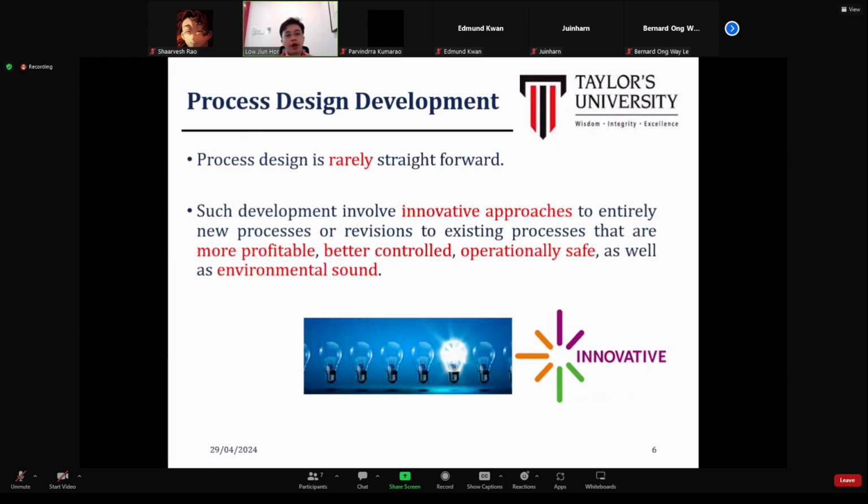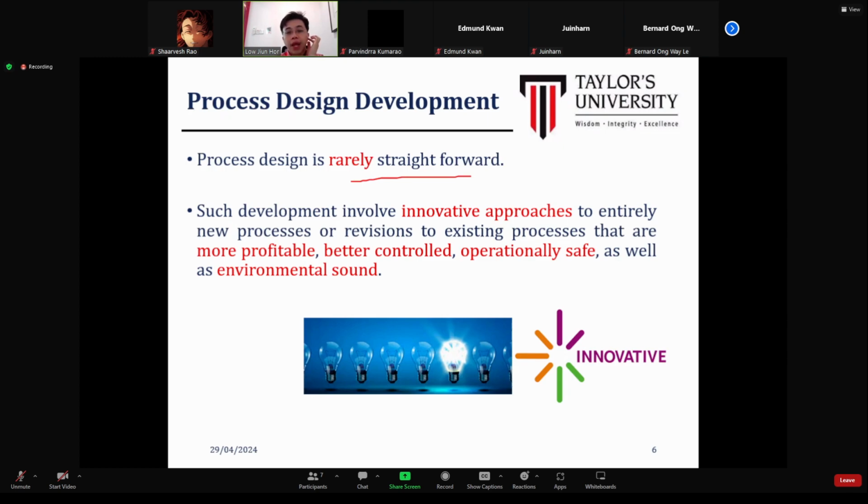So remember, as I told you just now, chemical plant design is very challenging, and normally the design process is not really straightforward. You are going to encounter a lot of different challenges, and you need to work together with your team members to come up with a chemical plant design.